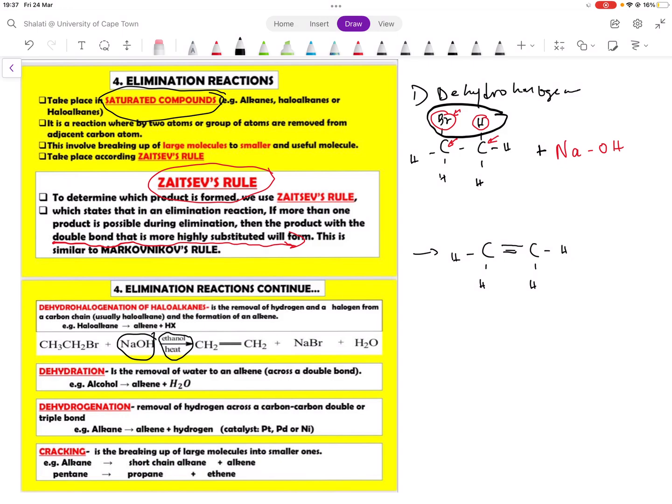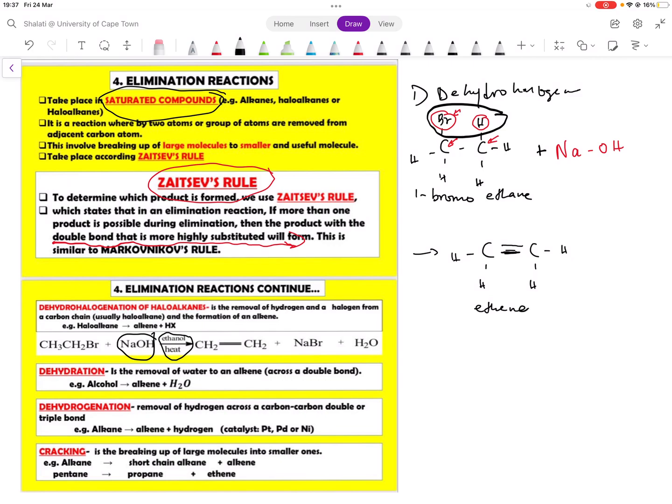So now you move from a saturated compound to an unsaturated compound. From a 1-bromo alkane, you now end up with an alkene. So 1-bromoethane will give you ethene.